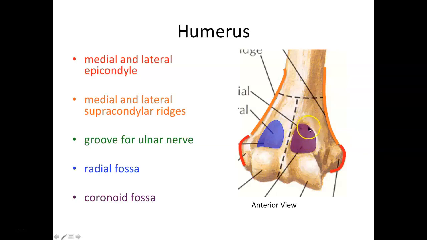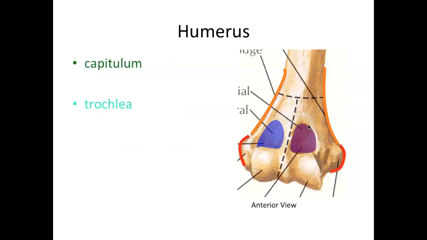And this is where your coronoid process on your ulna, which we'll get to in a minute, is going to articulate with when you have your elbow inflection. Okay, your forearm inflection at the elbow, more correct way of saying it. Below these fossa, we have two other structures. We have your capitulum, which is nice and round. The word capit always refers to head.